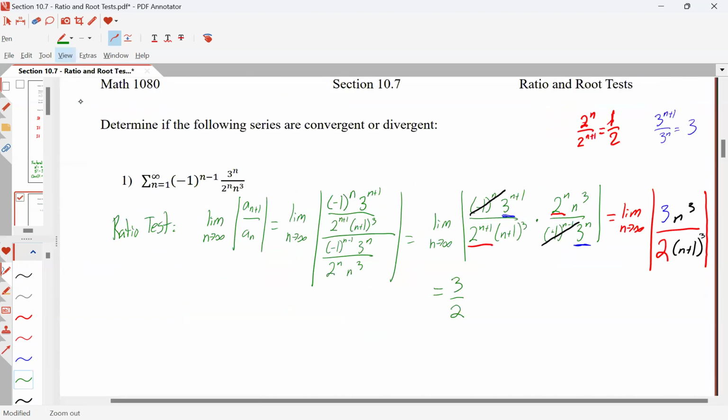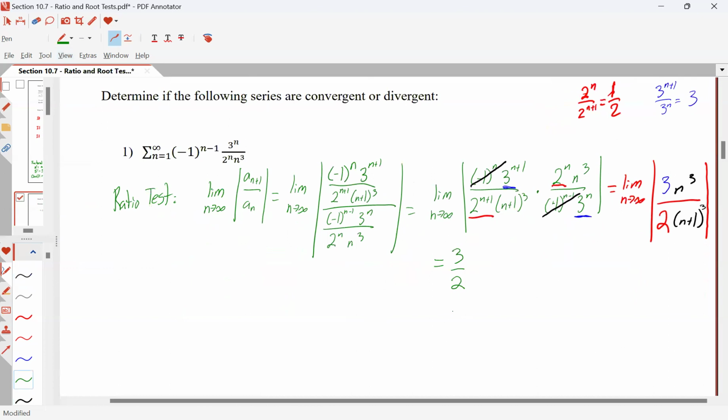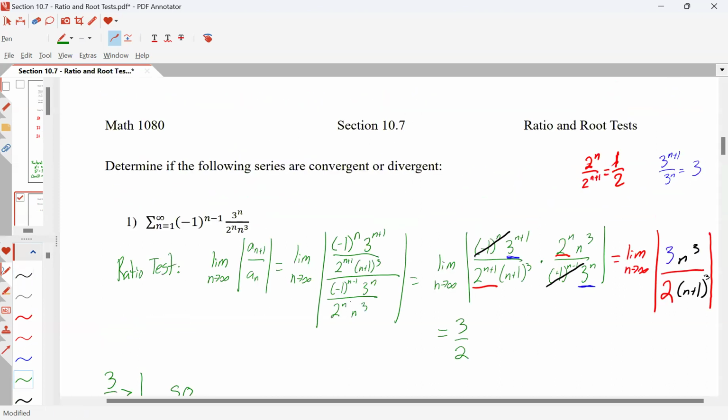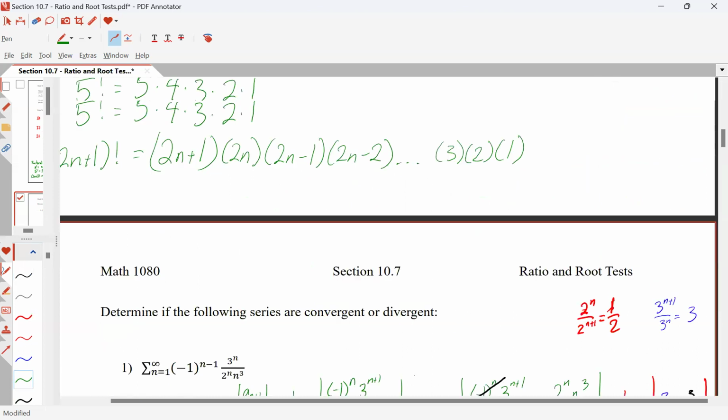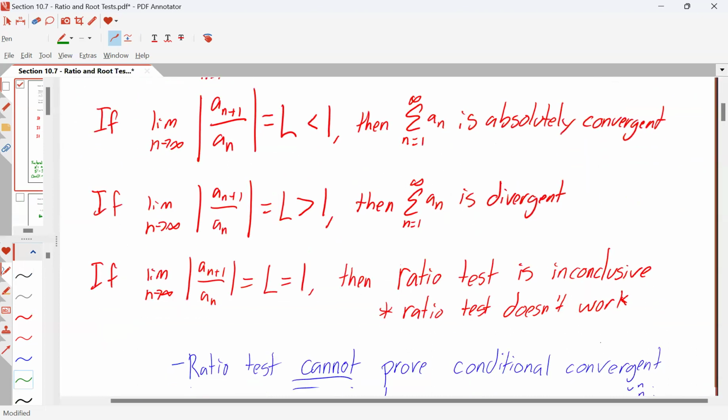So we have the limit, and now to use the ratio test, we need to compare this limit against 1. 3 halves is bigger than 1. So by the ratio test, the ratio test says if the limit is bigger than 1, the series is divergent.